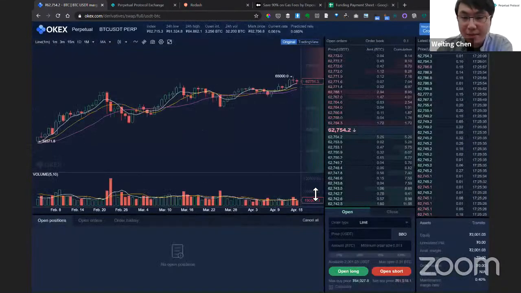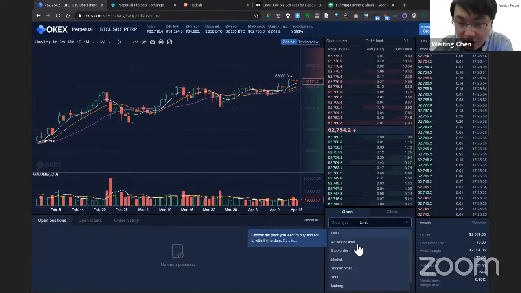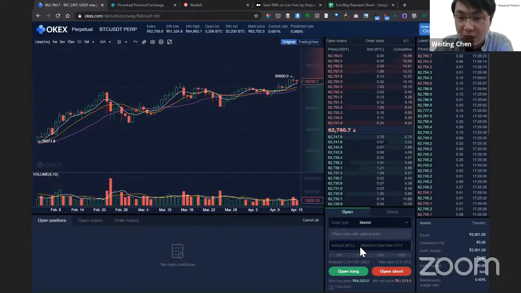So right now we are on this page, so you could just go to the open section, click market order, and then type 0.02 BTC here. We are not going to open right now, but the part for OKEx will start off here. So let's move to Perpetual Protocol.